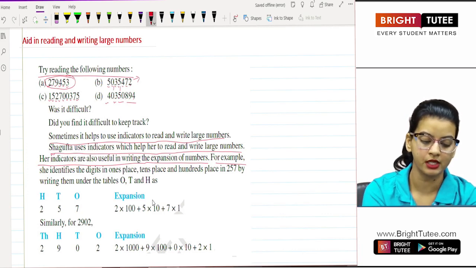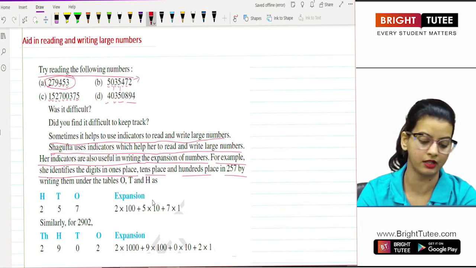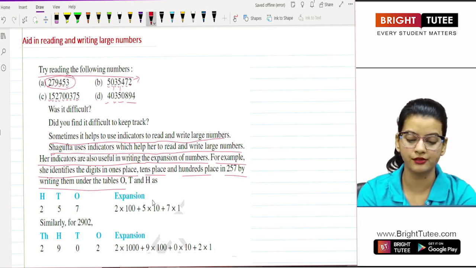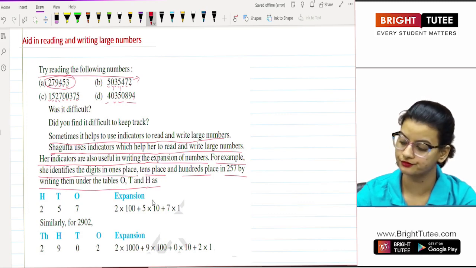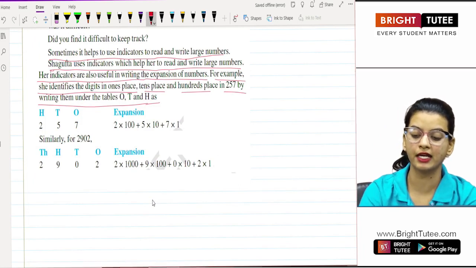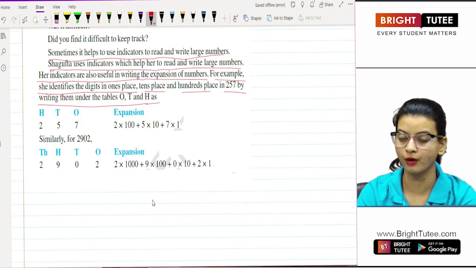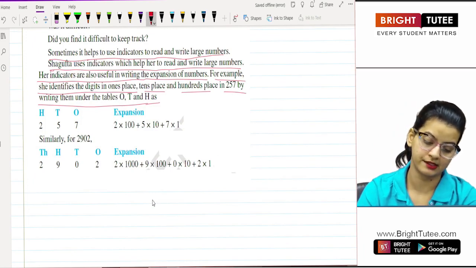For example, she identifies the digits in the ones place, tens place, hundreds place in 257 by writing them under the tables O, T and H. So basically what we can do is we can write the expanded form of the number in the tabular form and then we can read the number easily, okay.